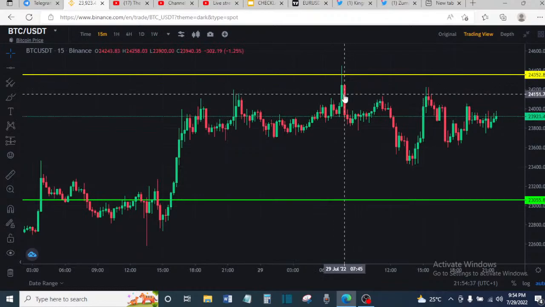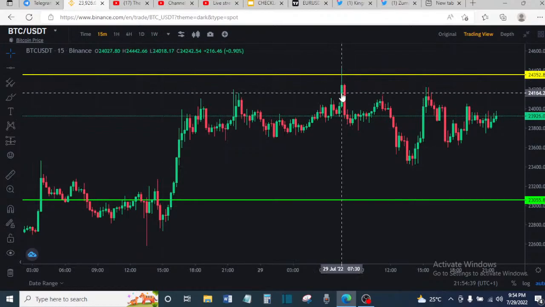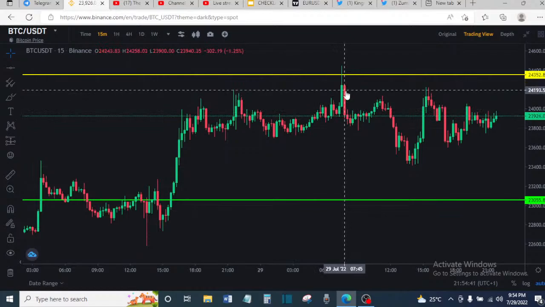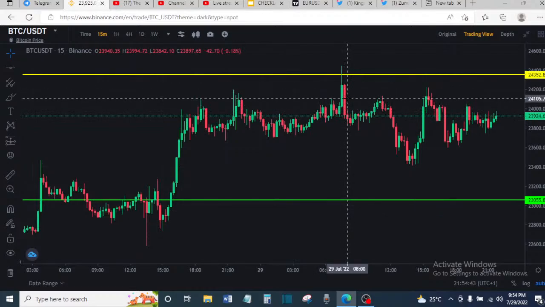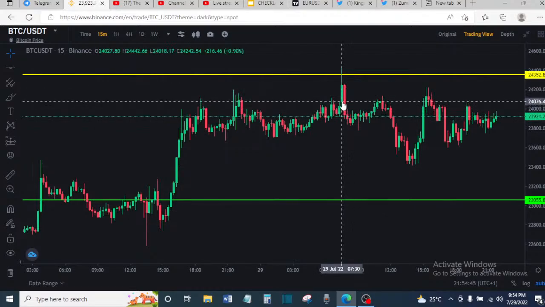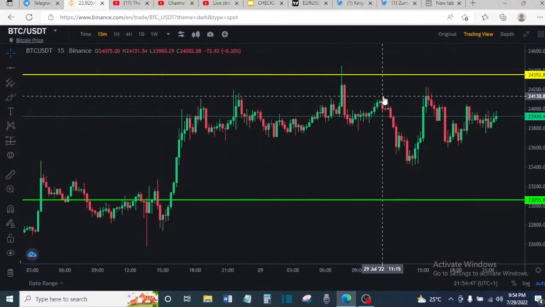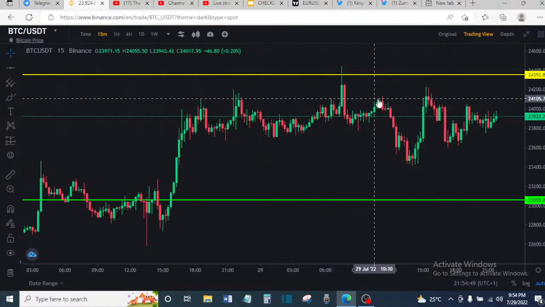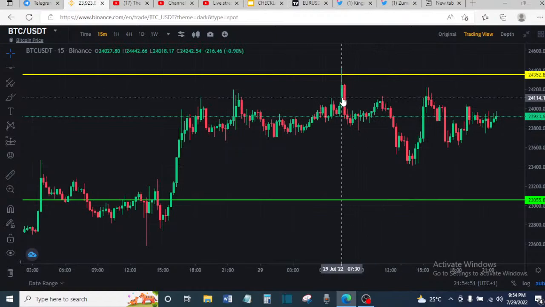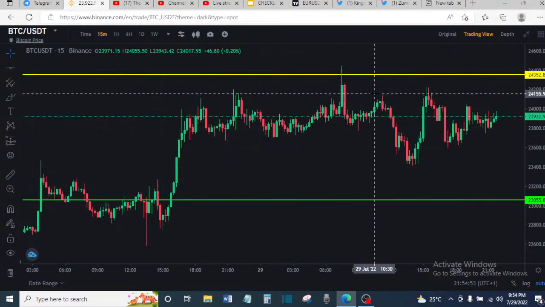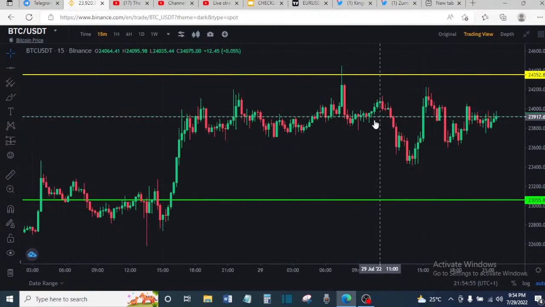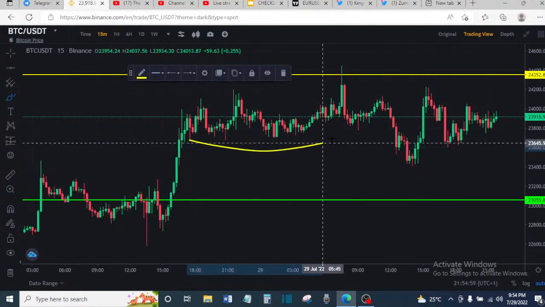Price did get to halfway of this inverted hammer, and price also came back to test the halfway of this bearish engulfing candle. You can see it got to halfway of this candle. After that there was a drive down to take out all the stops that are here.